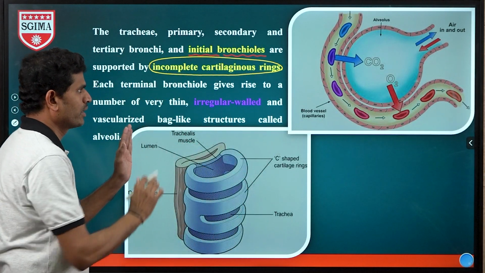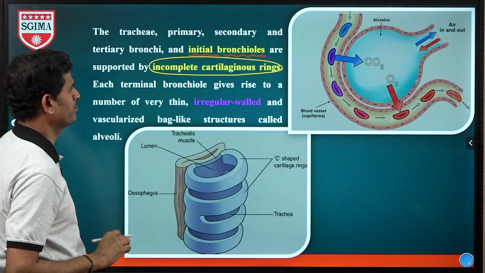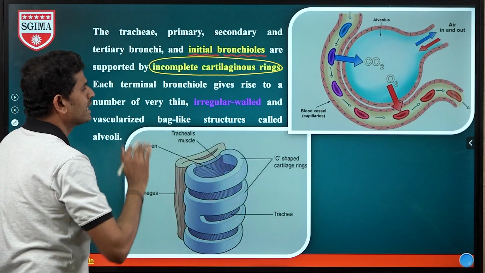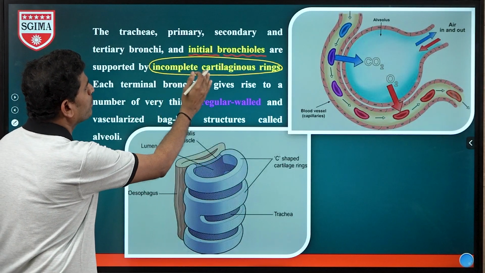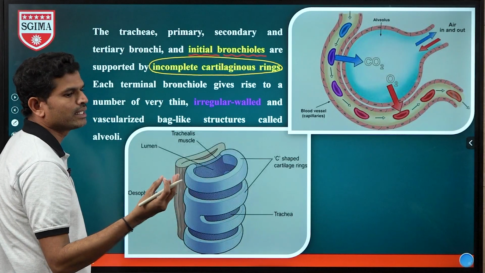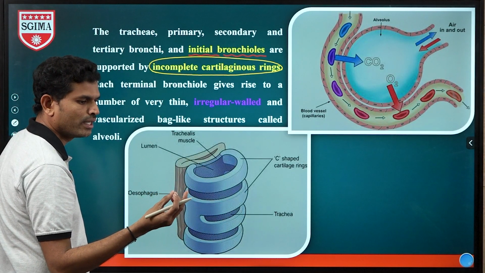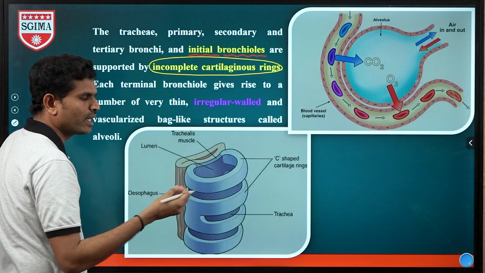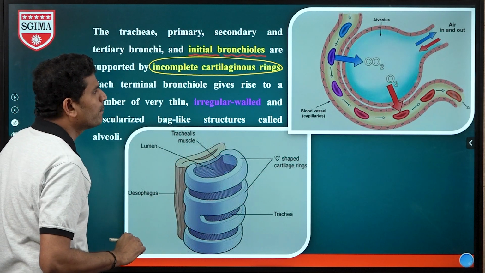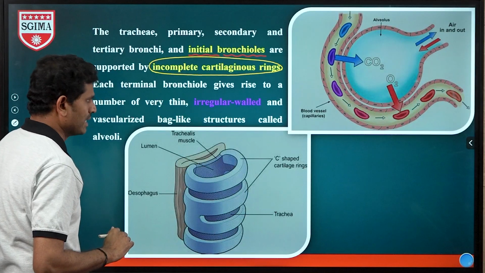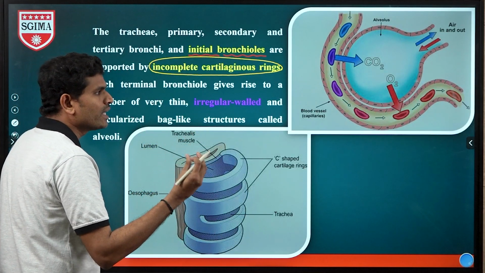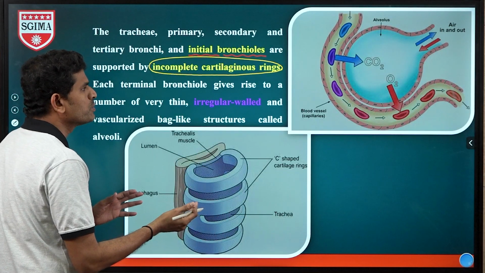Don't forget this; you have to remember it compulsorily. Initial bronchioles along with bronchi and trachea are supported by incomplete cartilaginous rings. The later bronchioles, tertiary and quaternary, terminal, and then alveolar ducts and alveolar sacs, are not supported by these incomplete C-shaped cartilaginous rings, because they are smaller in size, so there is no need to support them.